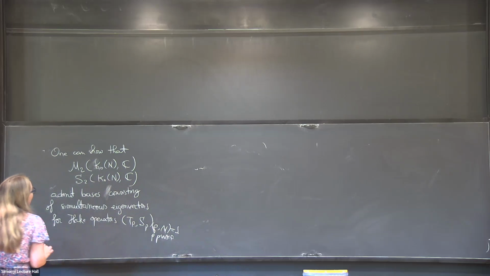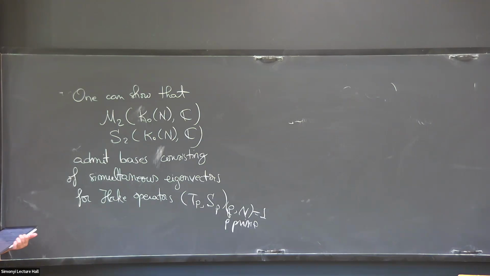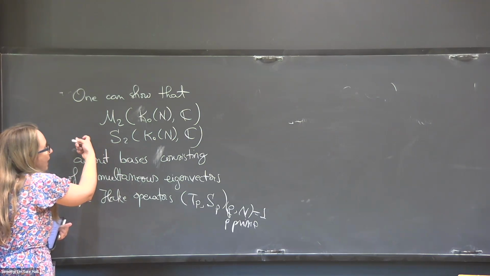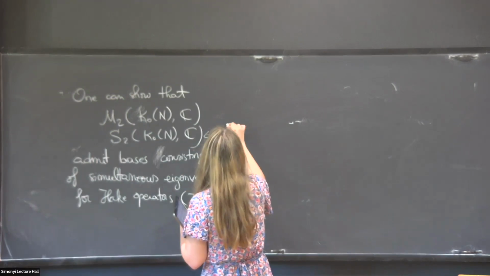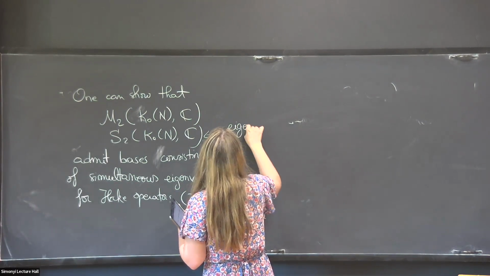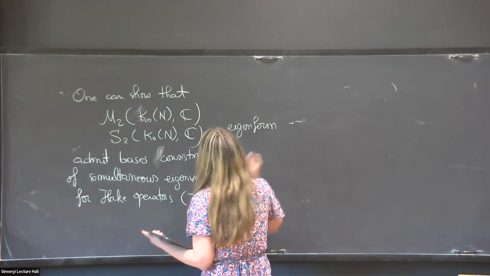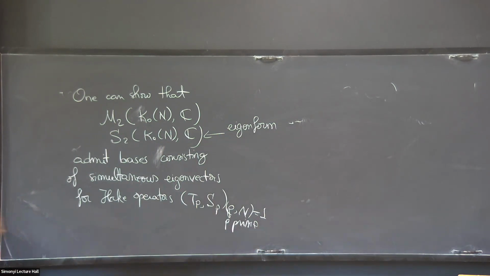And so what we're going to look at from now on, from the perspective of Galois representations, is eigenvectors for all the Hecke operators in here. And I'm going to call such an eigenvector an eigenform. And I want to look at cusp forms because those are, in some sense, the modular forms that are really new for the group GL2.